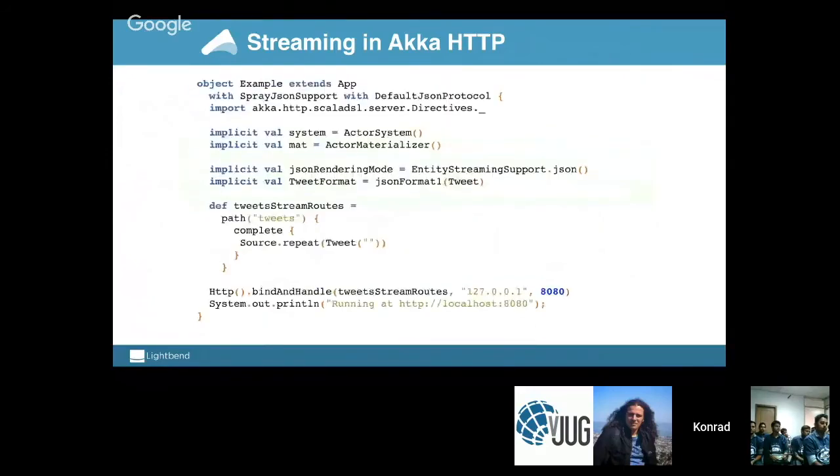How does the same thing look in Scala? Obviously, I just wanted to show the feature parity. It's a bit less verbose, but the feel is exactly the same. You have a source, you complete with it, you're done. We can do a bit nicer DSL style here in Scala, but really it's very much the same as what you saw in the Java API.